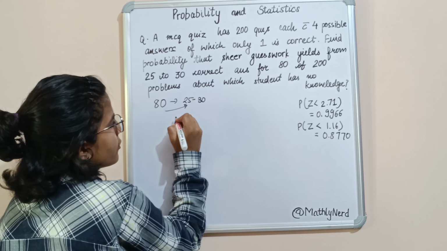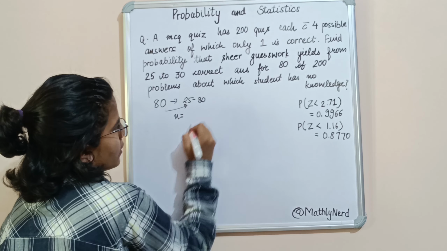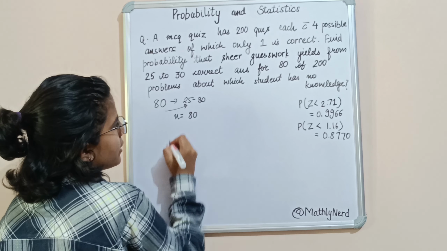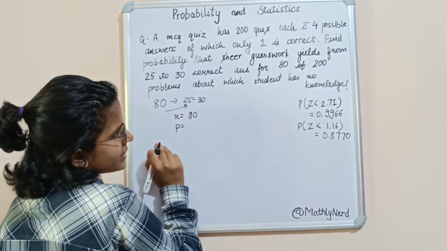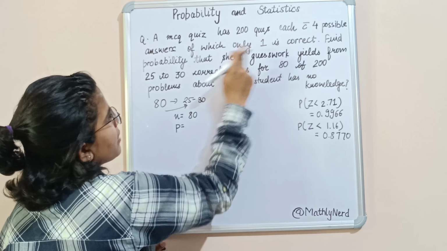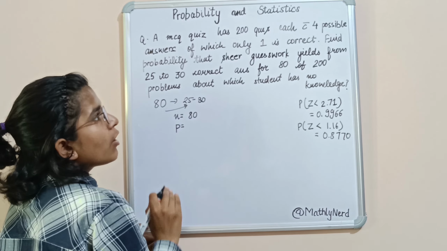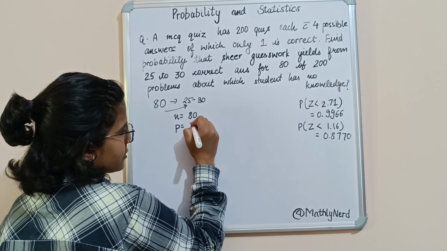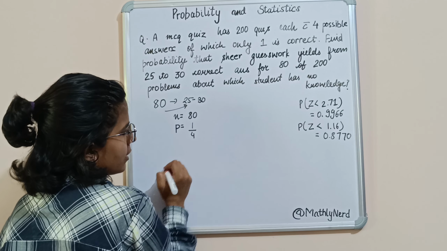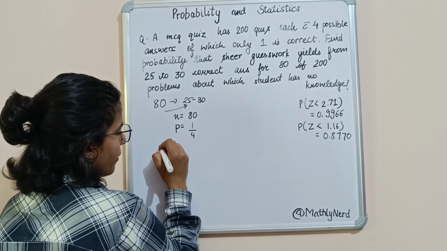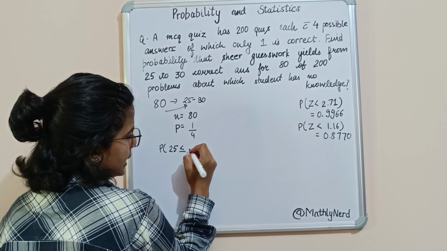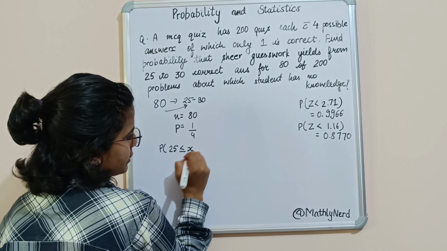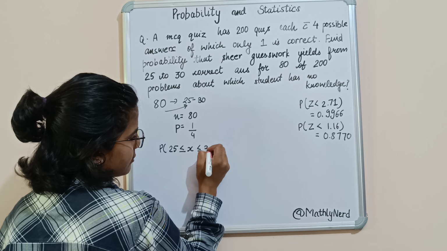Now, the number of questions is 80. The probability of getting the right answer, the probability of success, is 1 by 4 because one of the 4 options is correct. Now we have to find the probability of 25 less than or equal to x less than or equal to 30.